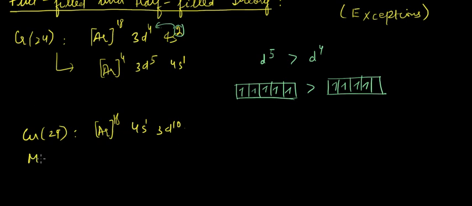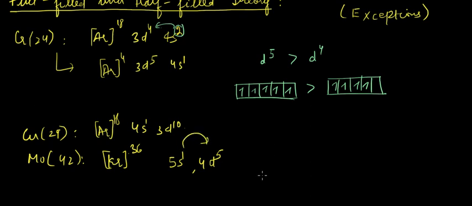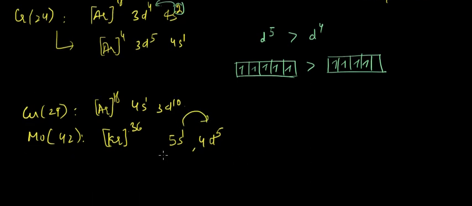Then again we have Mo 42. Again we would have krypton, Kr with 36, and then we would be having 5s1 and 4d5. Again one of the electrons would be getting shifted to here, which it was initially 5s2 and 4d4.